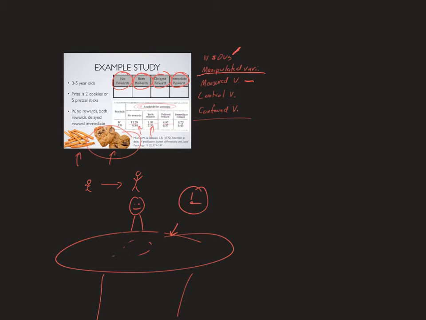It changes by study if it's even there, right? So what you're looking for is could the researcher choose which of these 4 conditions, and it would be something like this, right? Nothing, cookie, and pretzel sticks.